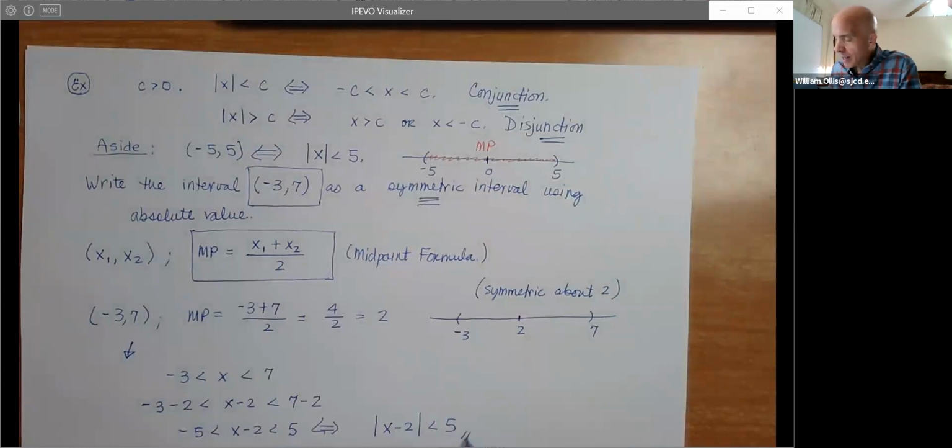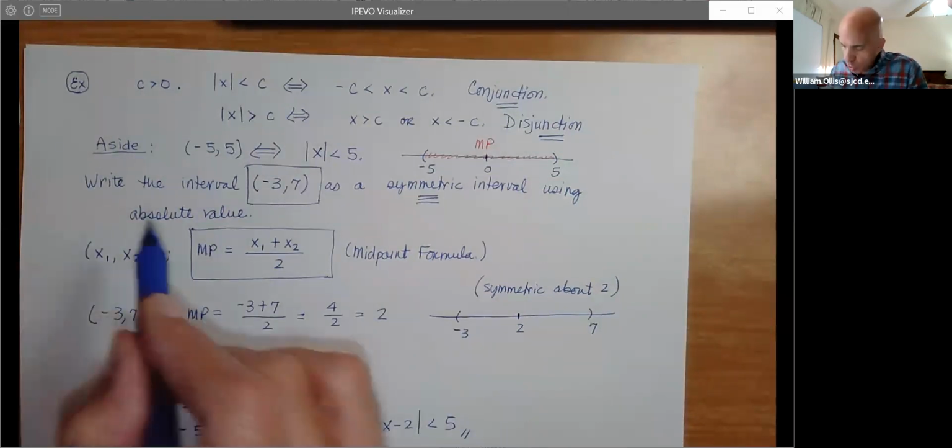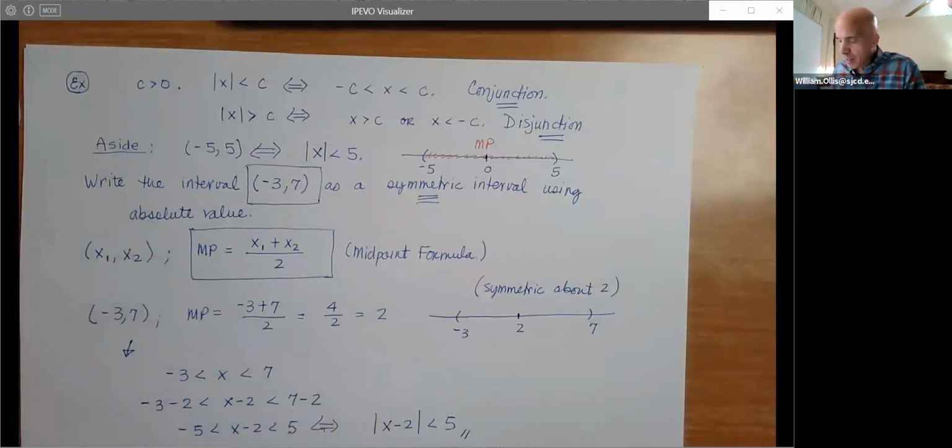Now, in calculus, what happens is you do computations and you end up with an equation like this, but you may not have the same number. So you pick the smaller one to create the symmetric inequality so that this is still true. That's what you do in calculus. You do all of this work, and then you have the C from the limit problem, and then you move from here to the absolute value.